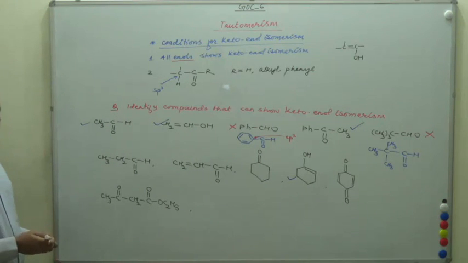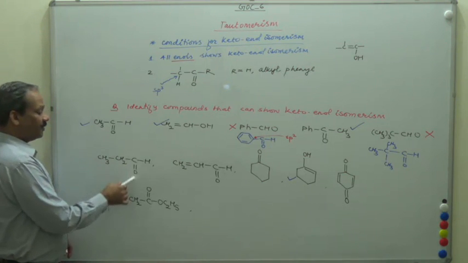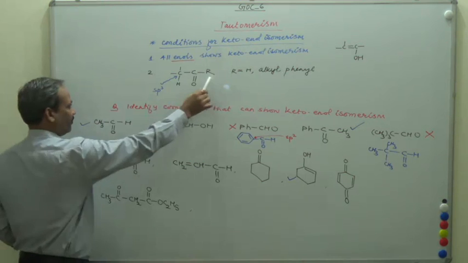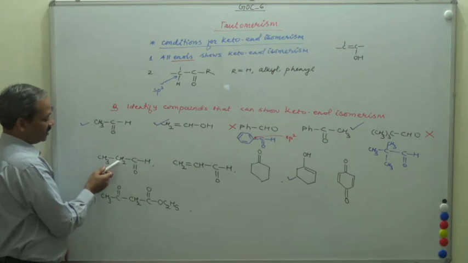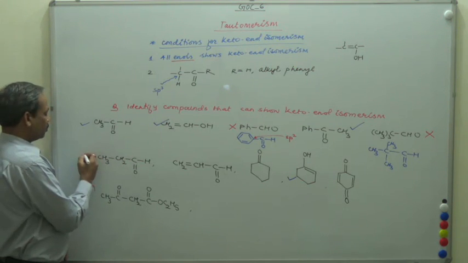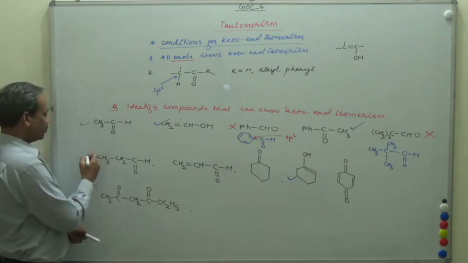So this compound can't show keto-enol isomerism. Now in this compound, this is the aldehydic type CO group, when we take R as a hydrogen. Second, this is the sp3 hybridized alpha carbon atom. And here there are 2 hydrogen atoms, so it shows keto-enol isomerism.